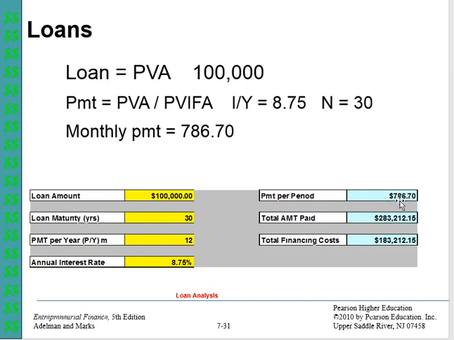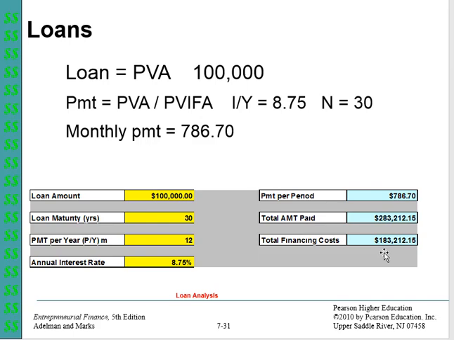Your payment would be $786.70 a month. If you made all 360 payments, you'd pay $283,000, which means $183,000, almost twice the amount of the loan, is what the interest would be.